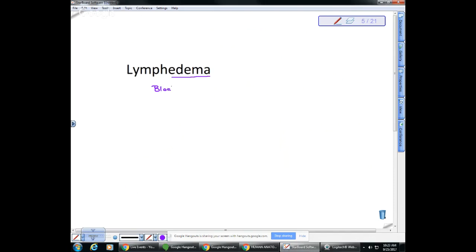So we have blocked lymphatic vessels. Sometimes this is due to damage to that area. Women that have breast cancer and have their breast tissue removed, and the lymph nodes around that breast tissue removed, oftentimes will have lymphedema because they've damaged their lymphatic vessels.